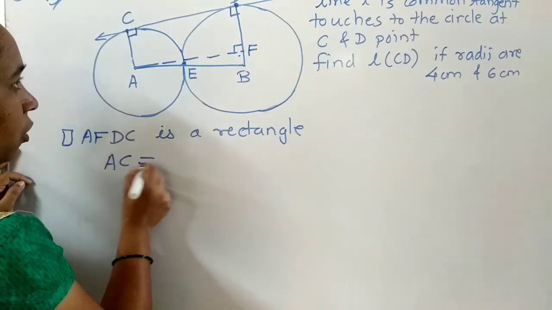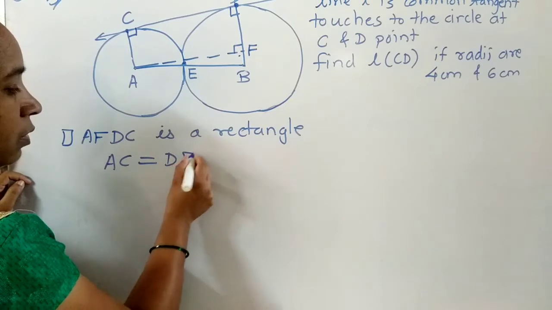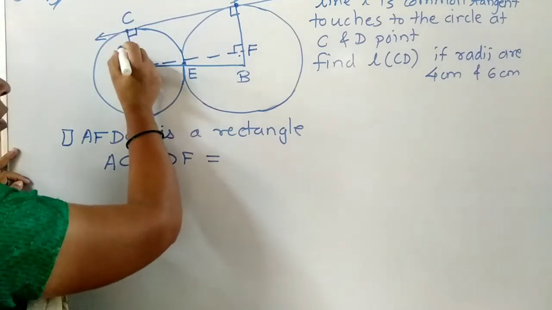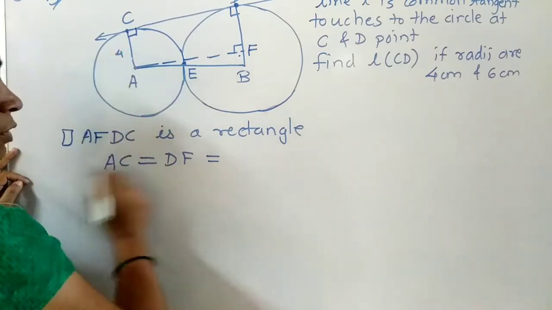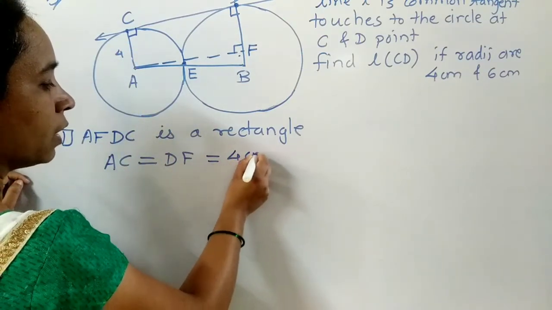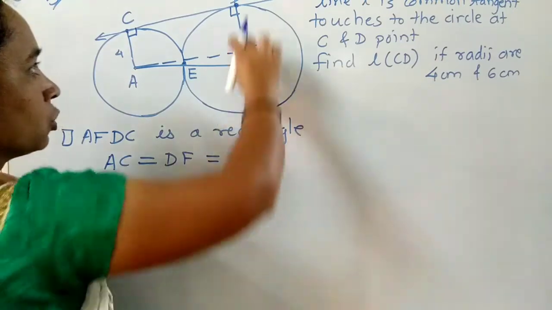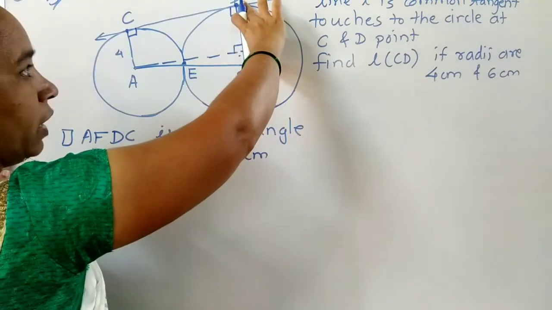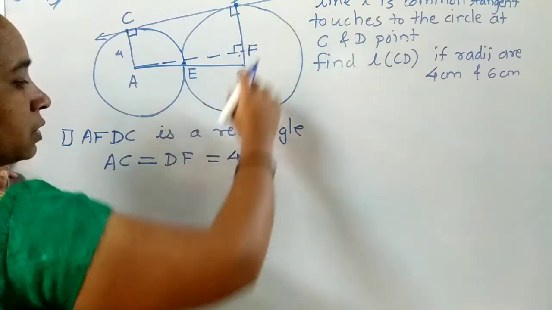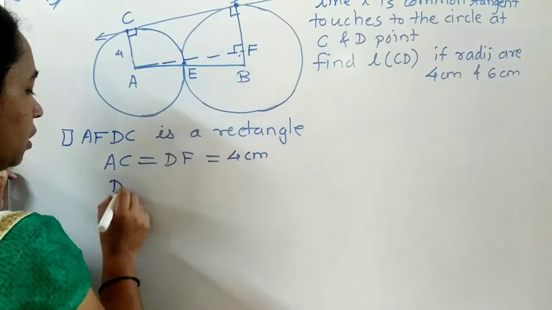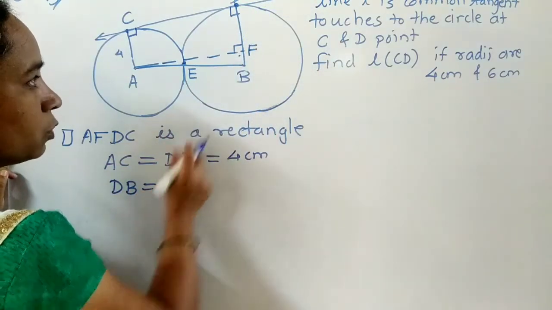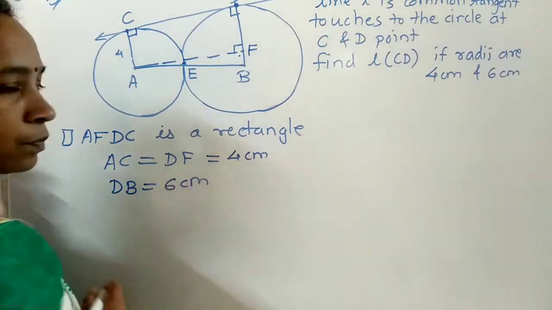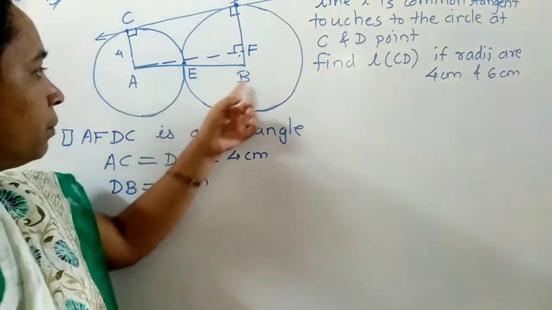Now AC is congruent with DF. AC is nothing but the radius of the smaller circle, that means 4 centimeters. So DF is also 4 centimeters. DB is the radius of the larger circle, that means 6 centimeters. Now we will find AB's value.